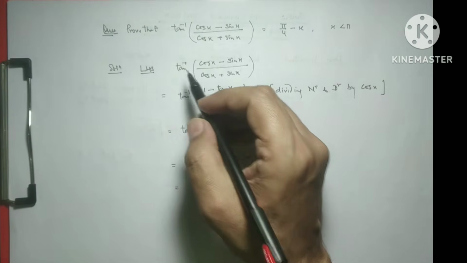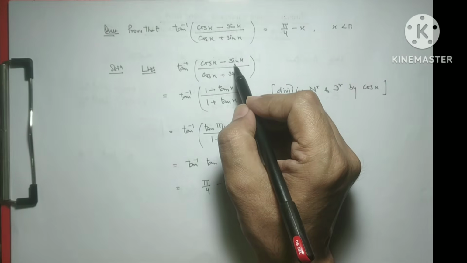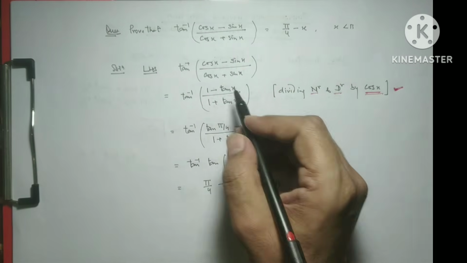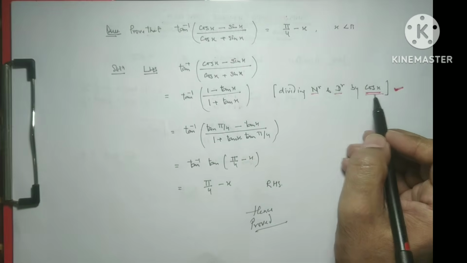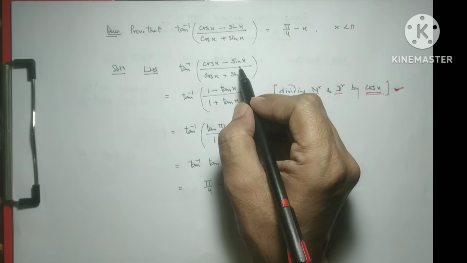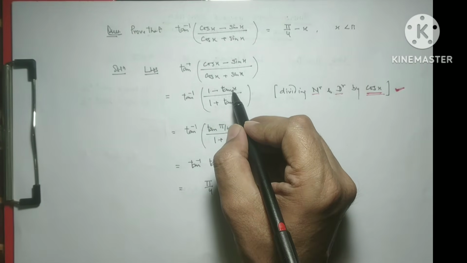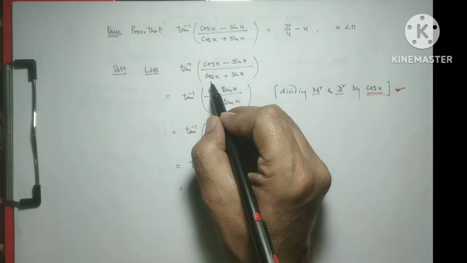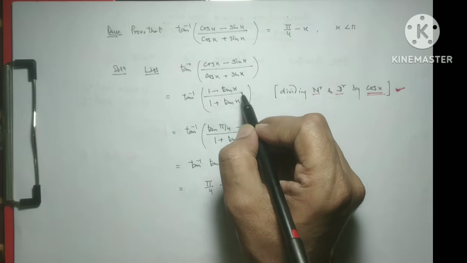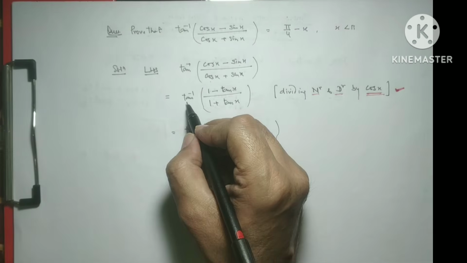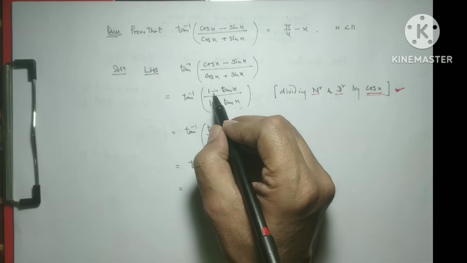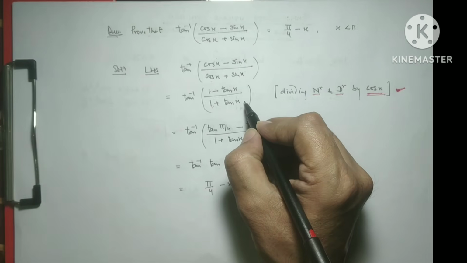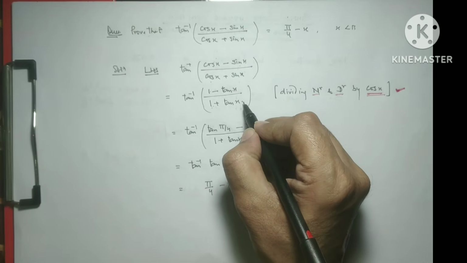Then how will you do this? It is tan inverse of (cos x minus sin x) over (cos x plus sin x). If you divide by cos x, cos x over cos x is 1 and sin x over cos x is tan x. Again in the denominator, cos x over cos x is 1 and sin x over cos x is tan x. So this is tan inverse of (1 minus tan x) over (1 plus tan x), and we will take a smart step.